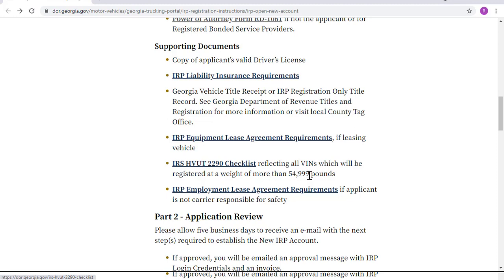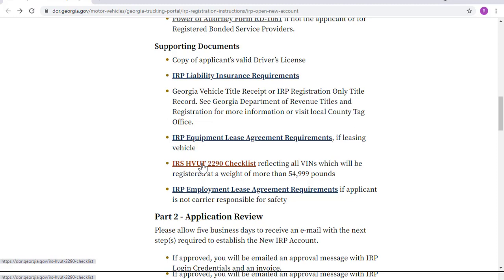If you're over 55,000 pounds, you are required by the IRS, the Internal Revenue Service, to file a HVUT, that is your heavy vehicle use tax, the Form 2290, which means you have a tax obligation.